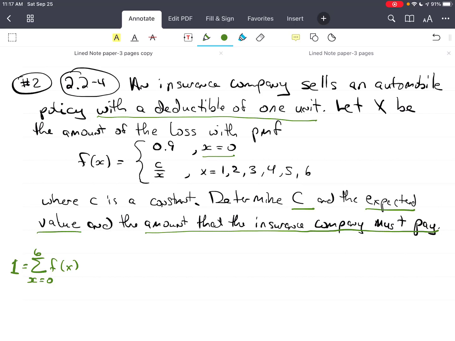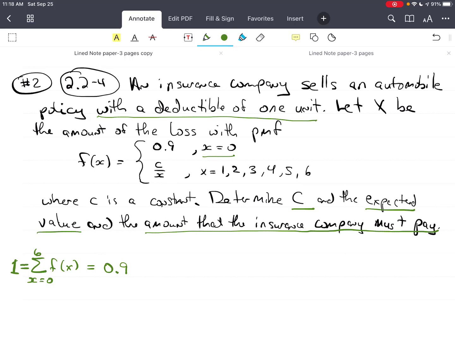But I'll remind you that this is perfectly valid mathematically because this is an equal sign. And it doesn't matter which side you put what quantity on. They are equal. You can read from left to right or right to left. So this is perfectly valid. And so let's go with this. So when x is equal to 0, f of x is equal to 0.9.